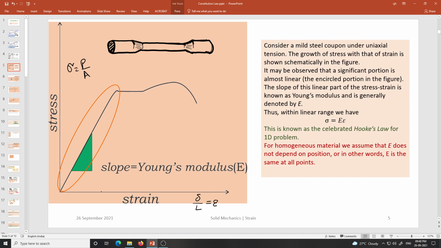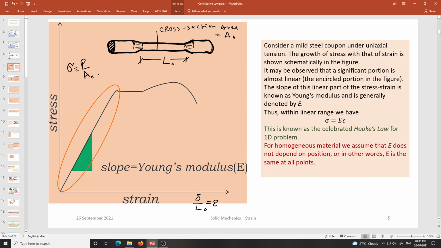The delta is the elongation of the sample at the load level P. L is the original length, the gauge length, and the cross section area is A naught.